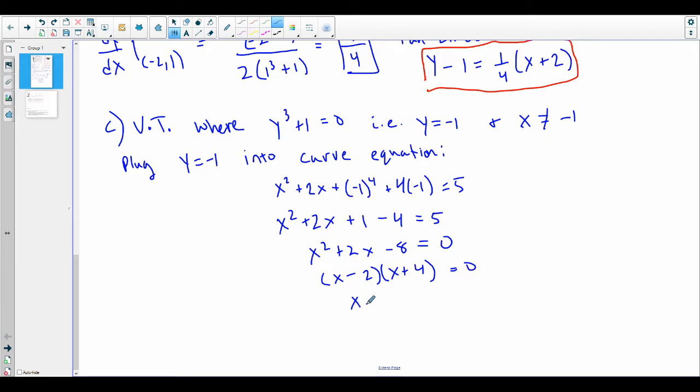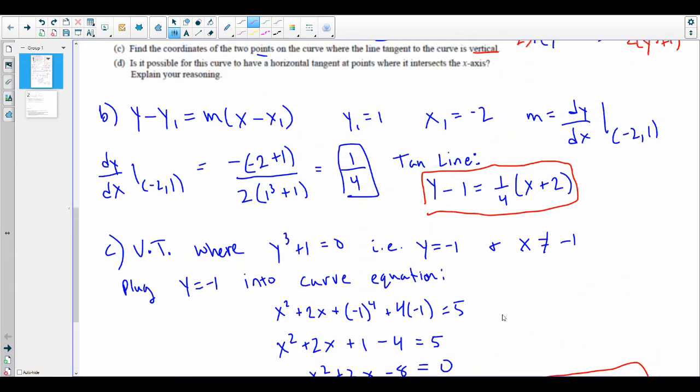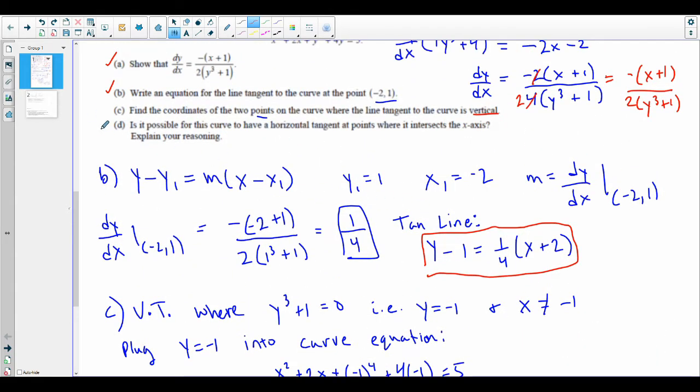So two solutions: 2 and negative 4. That means we're going to have vertical tangents at the points 2, negative 1, and negative 4, negative 1. Cool. One more part. Part D.